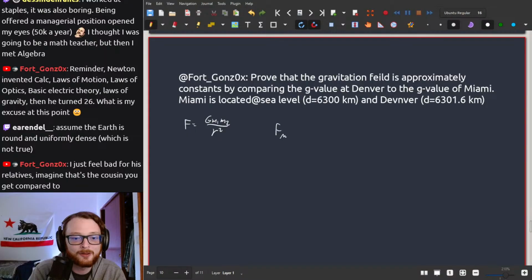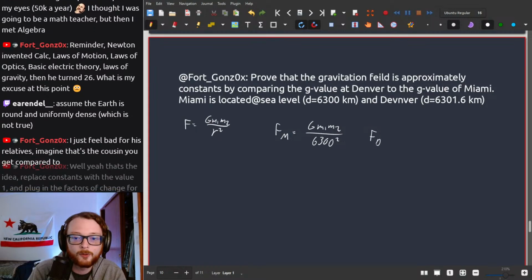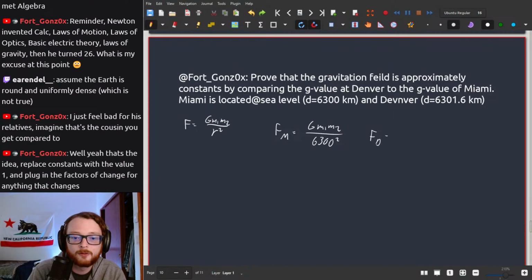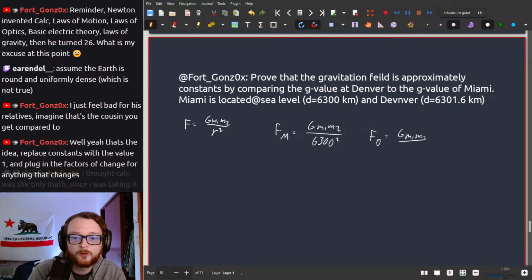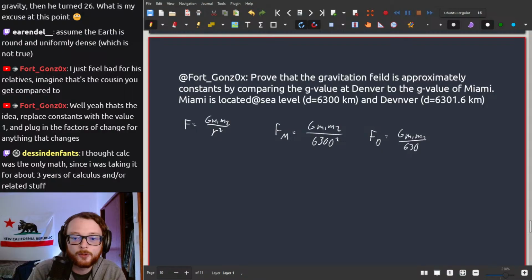We'll start with Miami, so let's do F sub M. The only thing that's changing is the distance, so we can keep G, M1, and M2 as whatever they happen to be, because the thing we really care about is R squared. So 6,300 squared for Miami. And Denver: G, M1, M2 over 6301.6 squared.